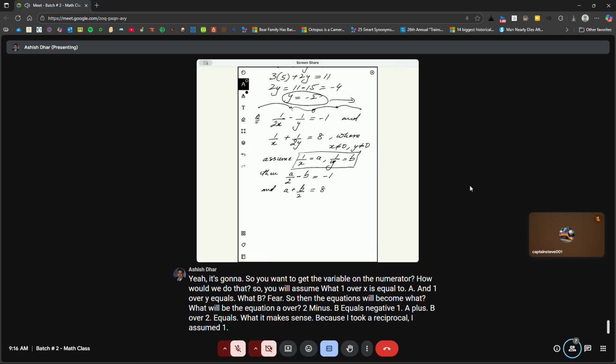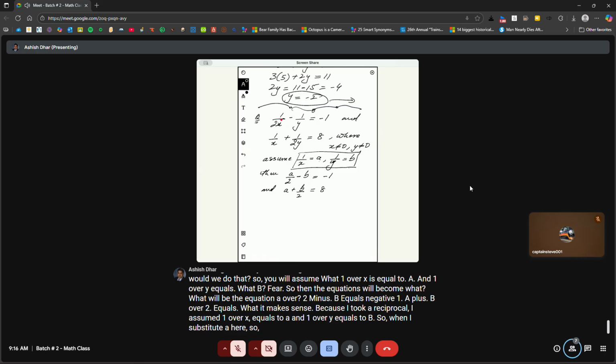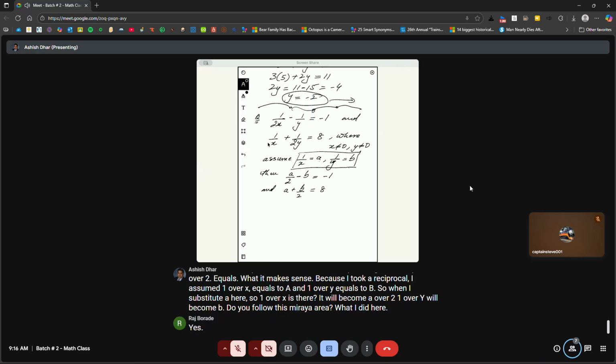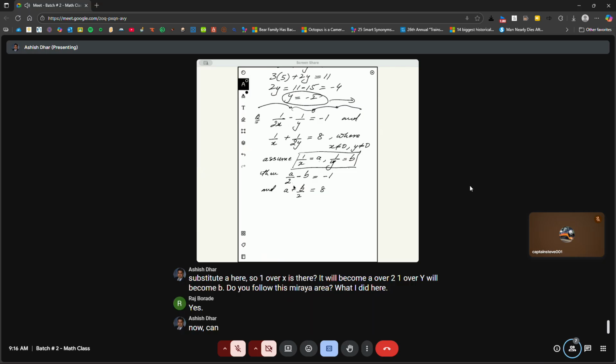I assumed 1 over x equals a and 1 over y equals b. So when I substitute a here, where 1 over x is there, it will become a over 2. 1 over y will become b. Do you follow this, Miraya, Arya? What I did here? Yes. Now can you solve it?